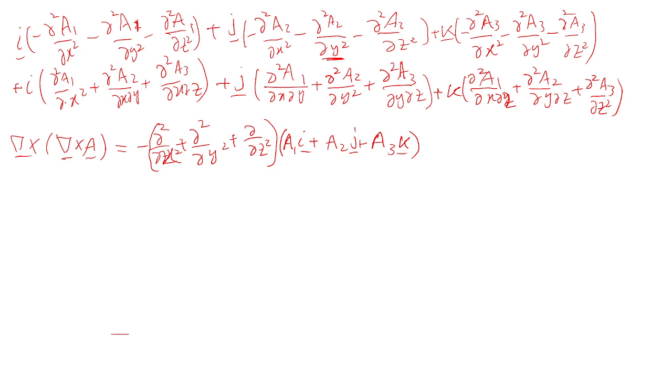That is partial by partial x, partial by partial x, partial by partial x. So I will take common plus partial by partial x with i. So what is left inside the bracket? That is partial a1 partial x plus partial a2 partial y plus partial a3 partial z. That is this first term.